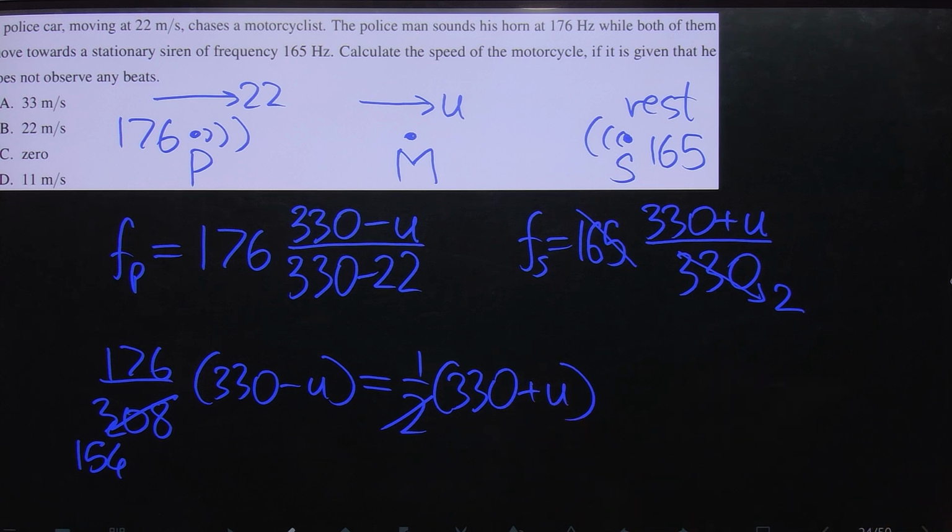We'll get 2.28. u will be equal to 377 minus 330, which is 47.1, divided by 2.2 approximately, which gives us almost 22 meters per second. So the value of u is approximately 22 meters per second.